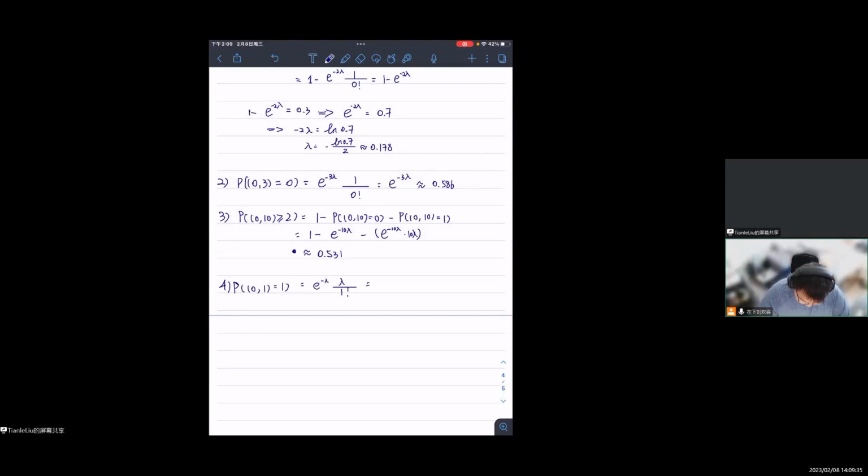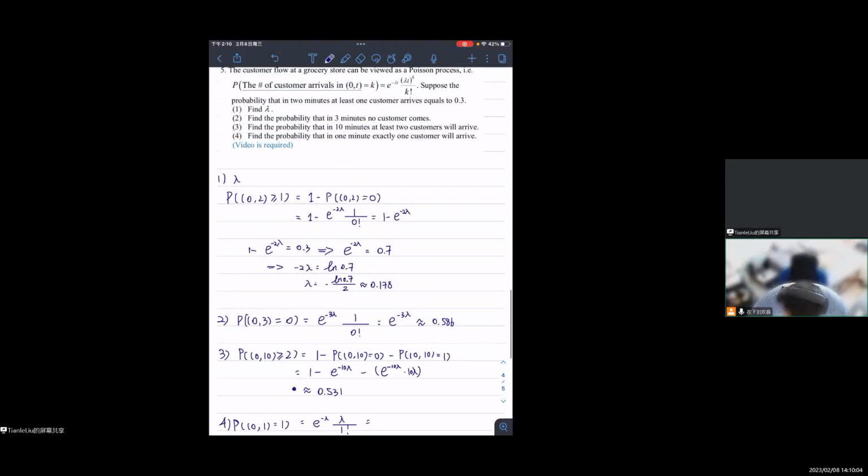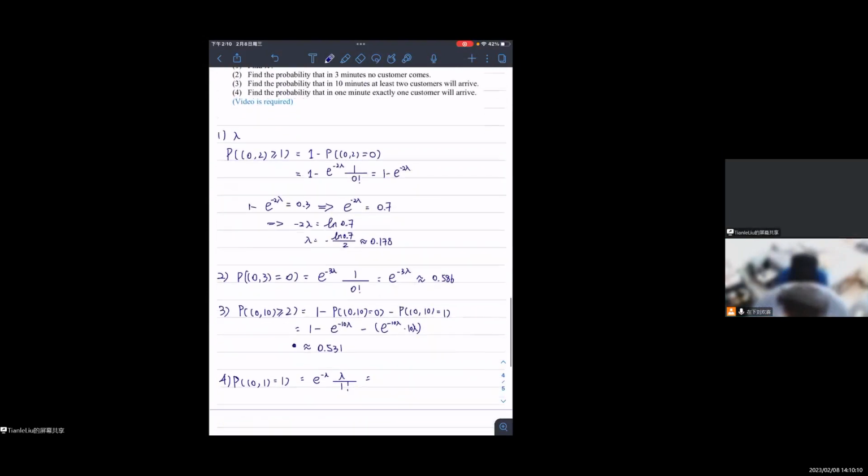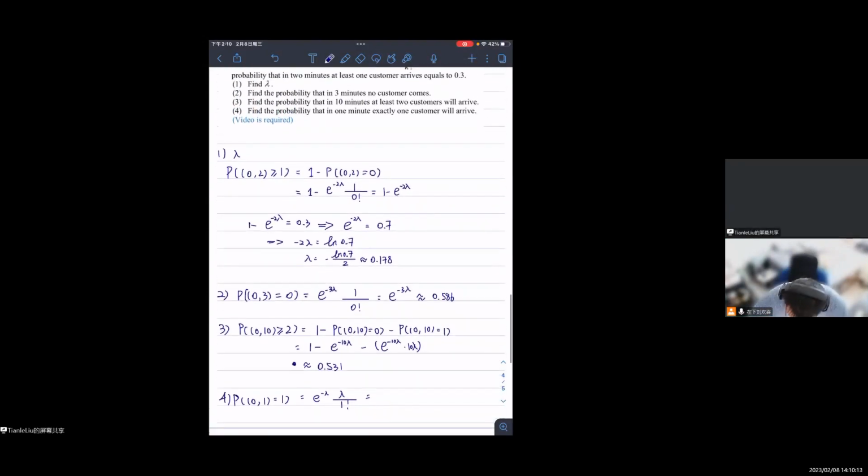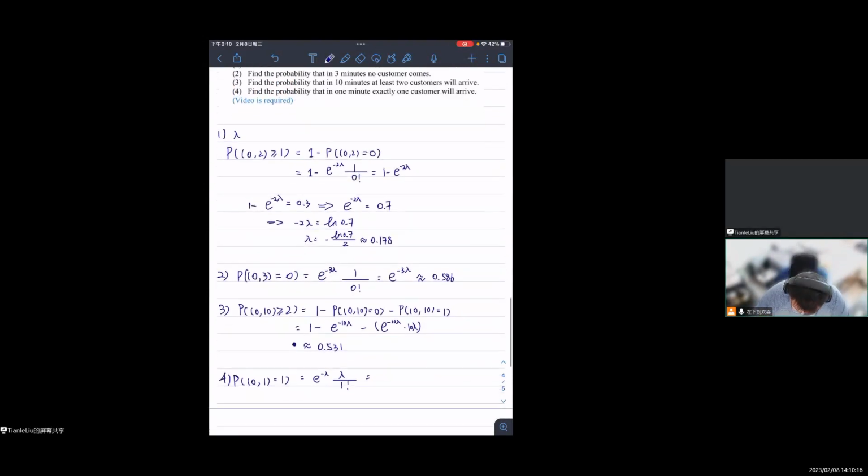So we do the calculation here, and the result is quite small.